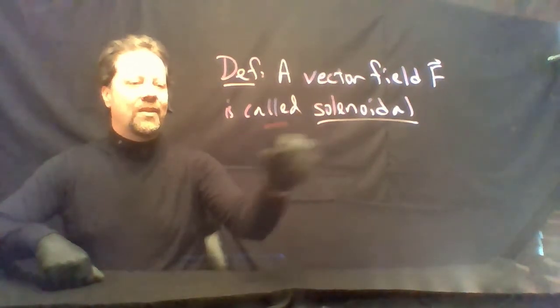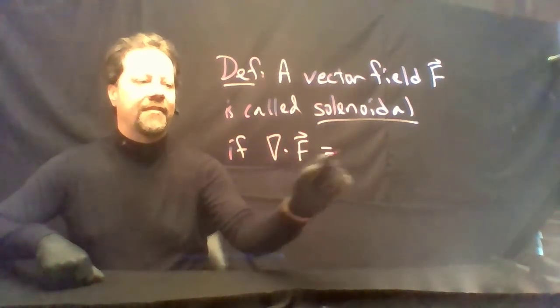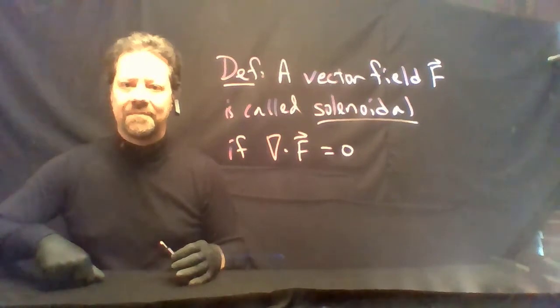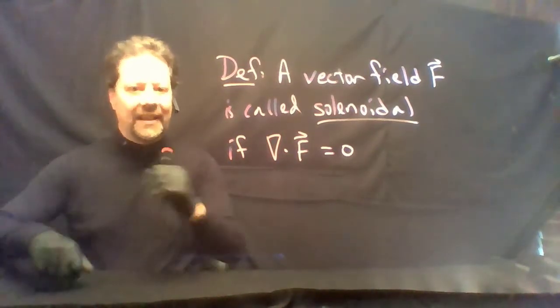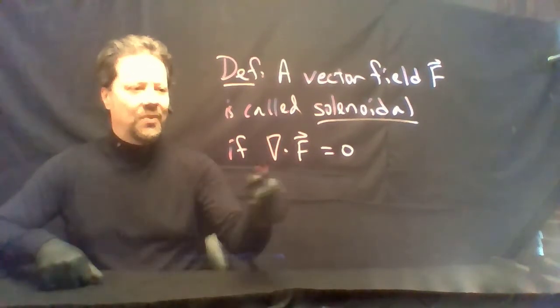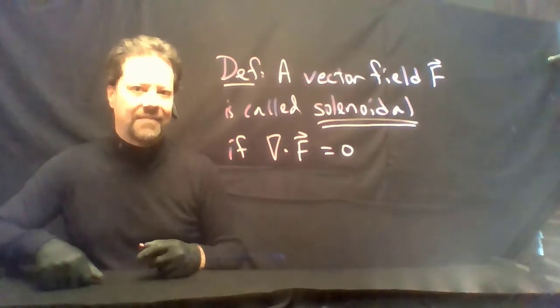It's solenoidal if the divergence of F is the zero scalar. If you have no divergence, only rotation, only curl, the vector field is solenoidal.